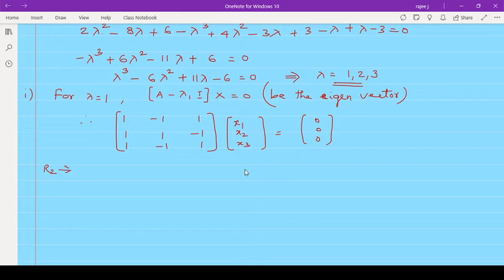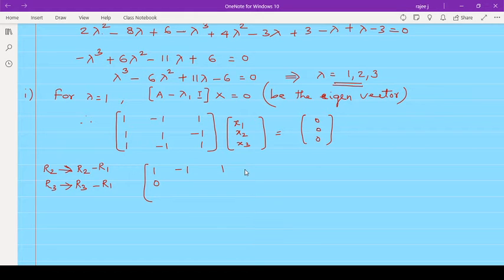So R2 changes to R2 minus R1, and R3 changes to R3 minus R1. So the first row is 1 minus 1, 1, and second row, R2 changes to R2 minus R1, so 1 minus 1, 0.